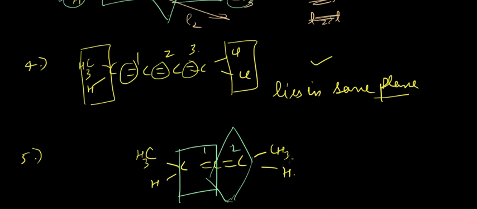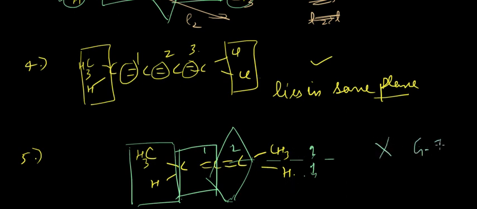In that case this CH3 and H will be in the air and this CH3 will be in the same plane. Hence, because there are different perpendicular planes for this CH3 and H, even if we change the position of this CH3 and H, the aerial distance is not going to change. Hence it will not show geometrical isomerism.